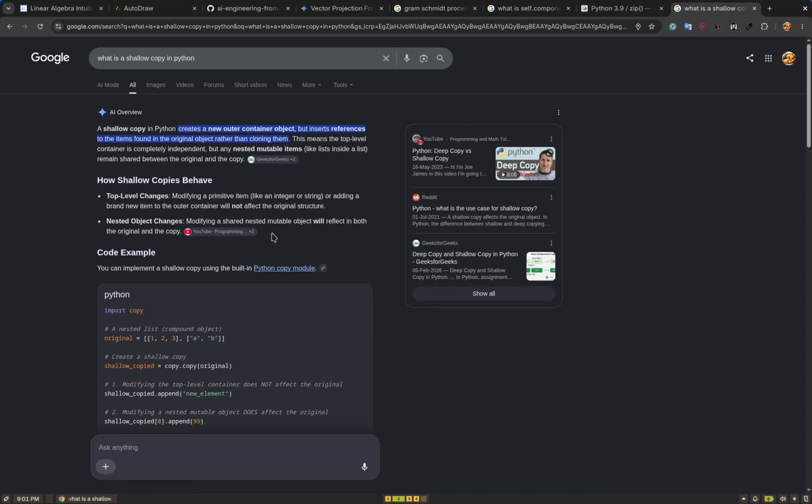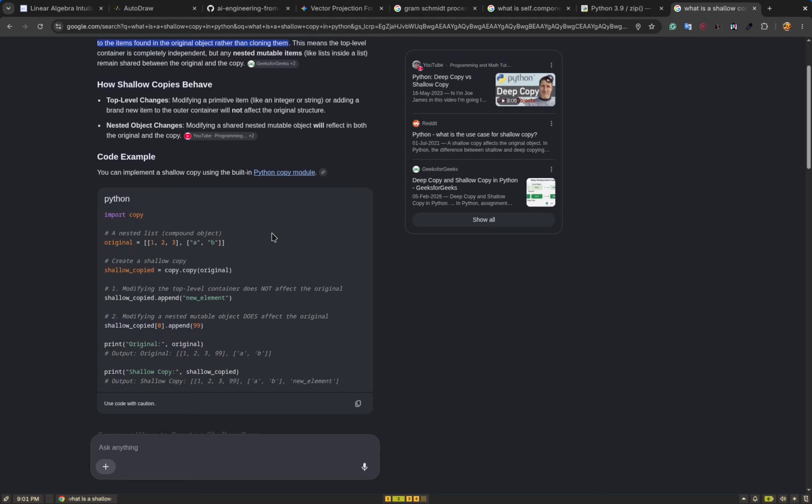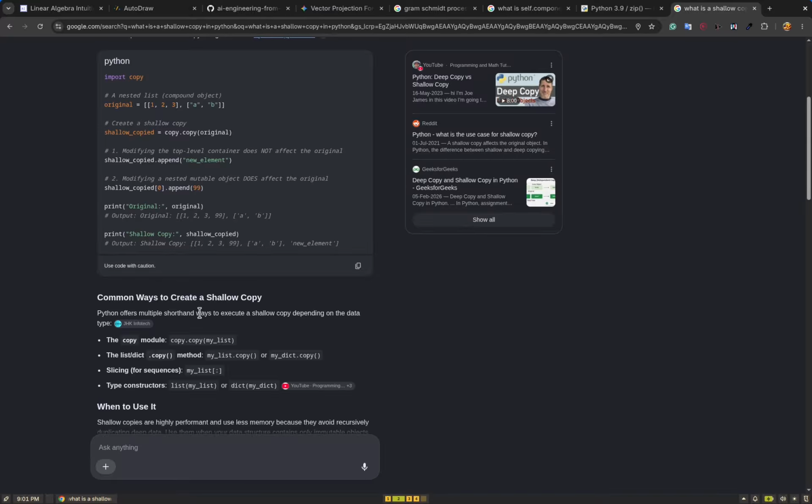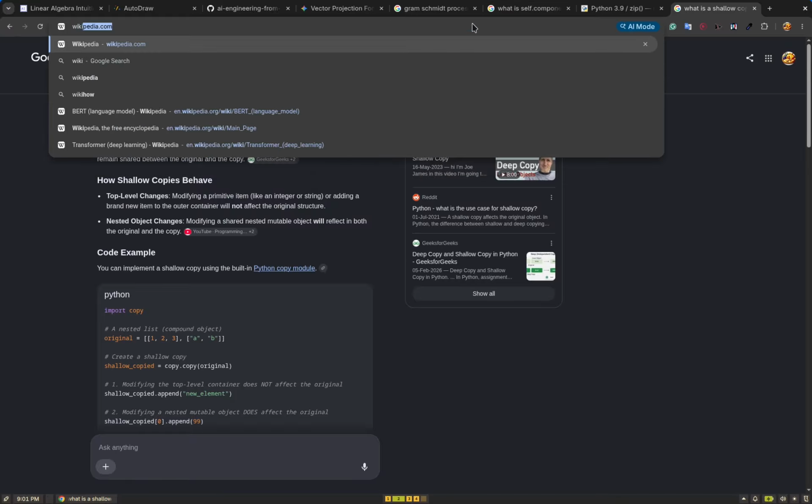Modifying the shared nested mutable object will be reflected in both the original and the copy. Here's the original, here's the shallow copy, print the element. I still don't understand. Wikipedia, help me.